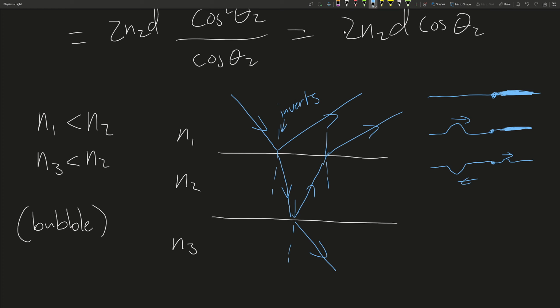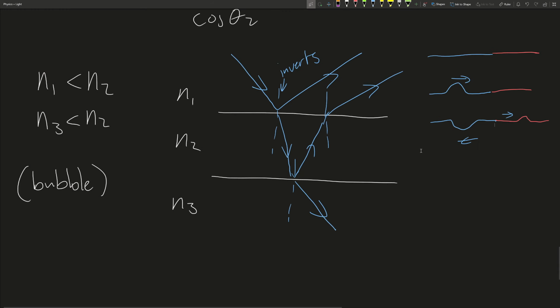So if you remember, I'll draw this with a different color actually. A more dense material is going to be red. So if you're going from less to more dense, the wave inverts when it gets reflected.